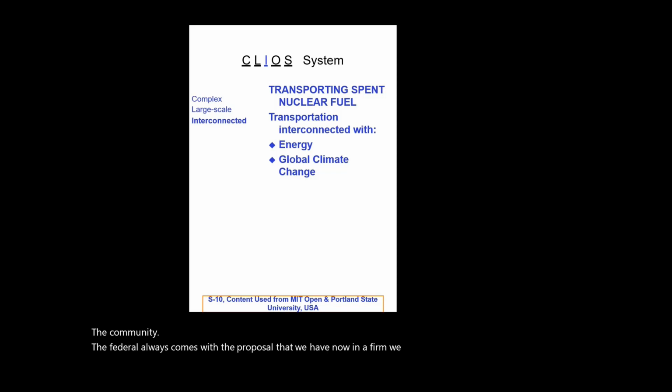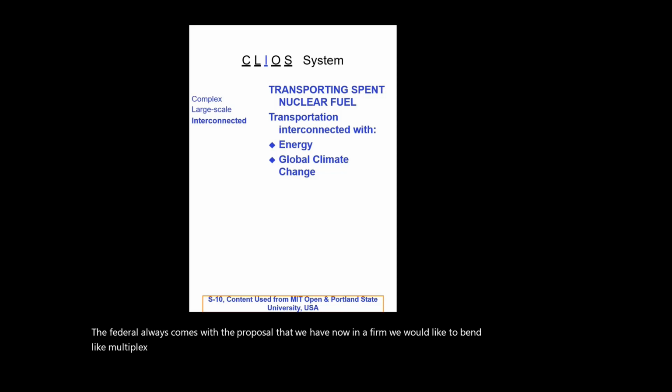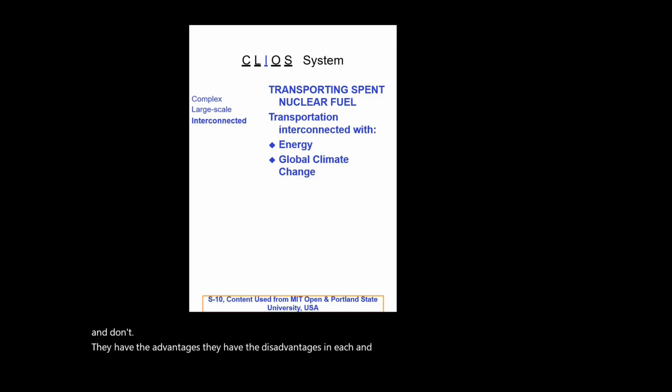The federal level always comes with a proposal that we now have a fund and would like to build a multiplex, a playground, or recreation. Then all those people within that specific radius come on a specific day. For each project, they have their do's and don'ts, the advantages, the disadvantages, and the total cost.